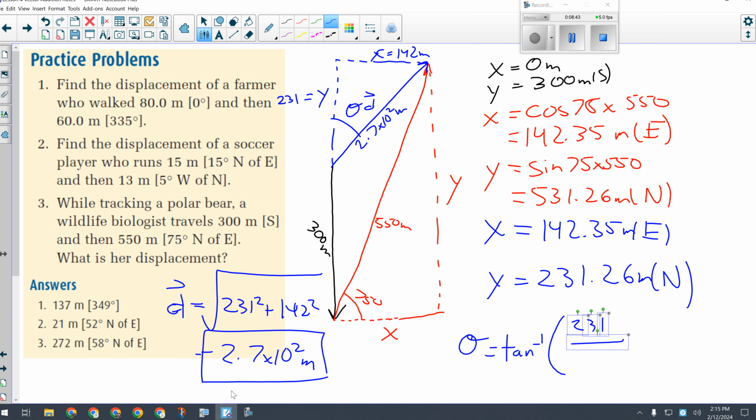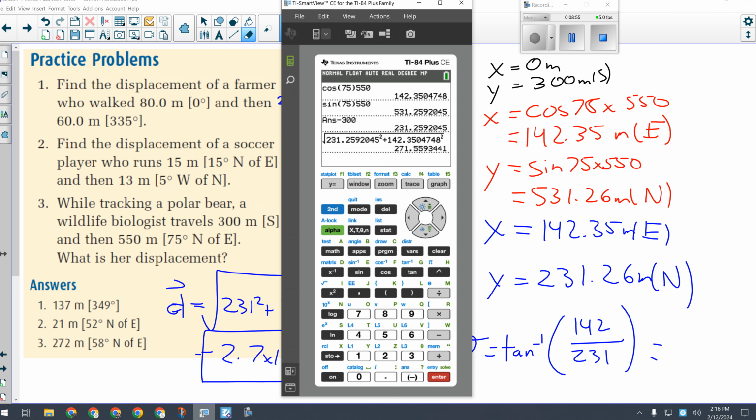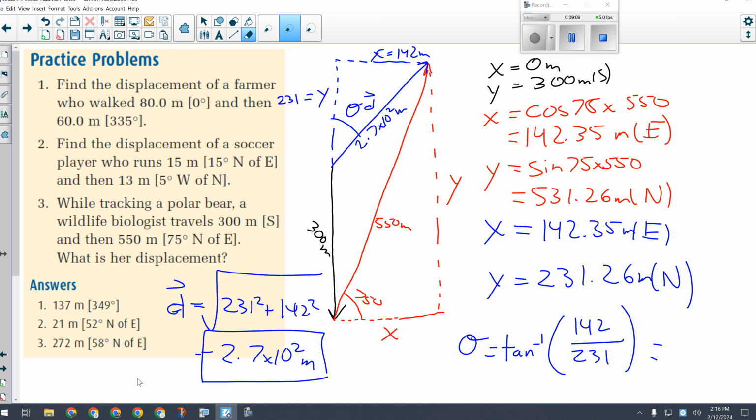The opposite side is 142, over 231. So I'm getting 32 degrees there, and that's all right. 32 degrees east of north.